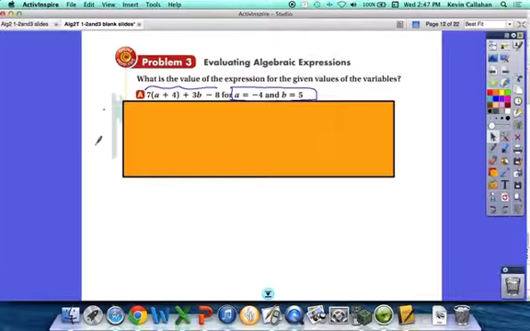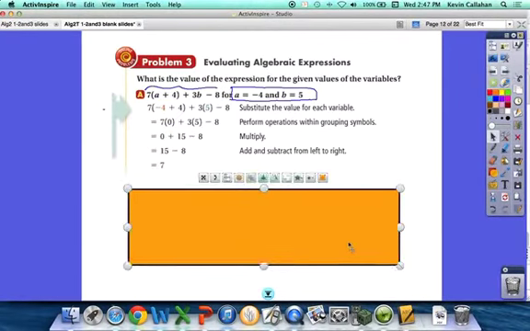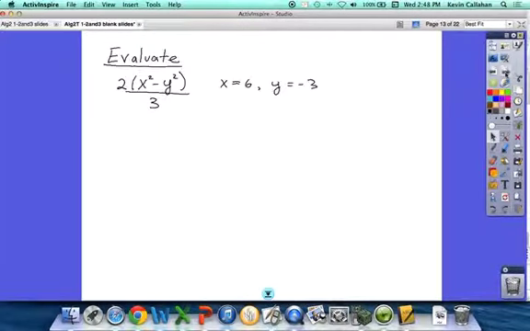The answer is 7. Right? That's actually not a difficult example of evaluating an expression. The next one you might find a little more difficult. When we're ready. Okay. Try that one.